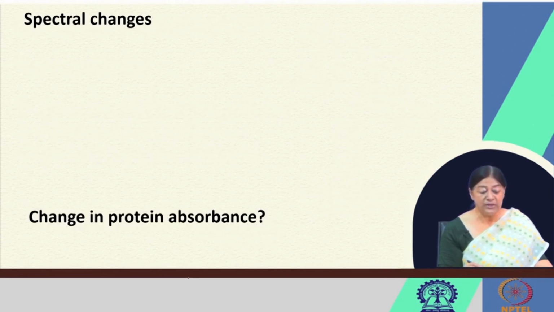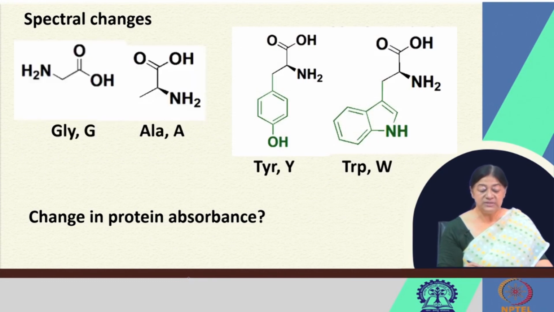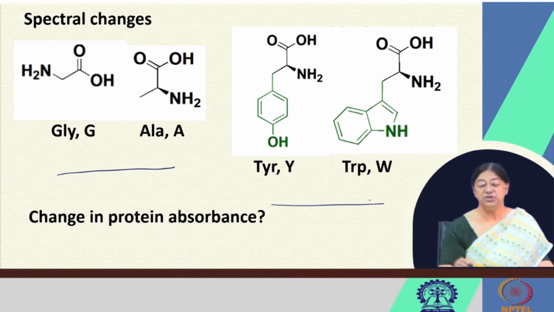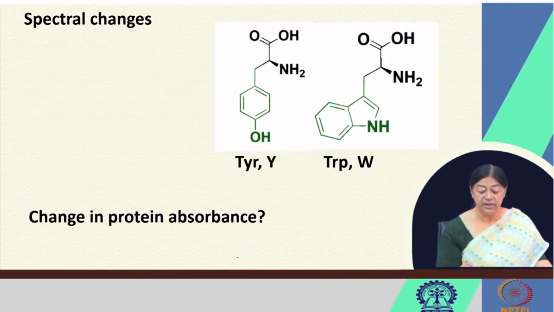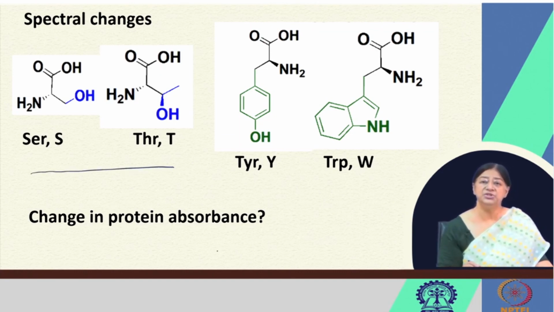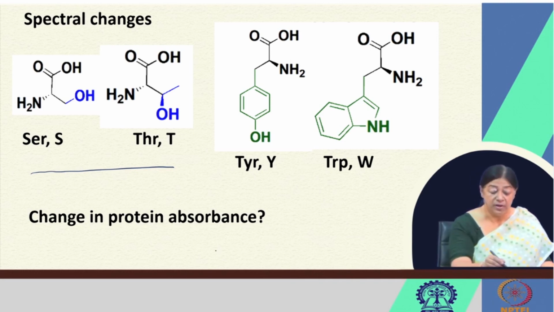So, when we look at the spectral changes, we will see whether there are going to be any spectral changes associated with glycine, alanine, tyrosine, tryptophan. So, these are what are important in understanding what is occurring in a protein. So, when we have changes related to serine and threonine, we know that the interactions are going to be pretty much similar because of the polar possibility of hydrogen bonding.